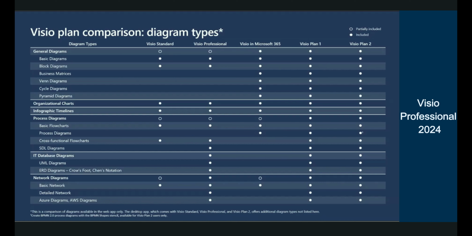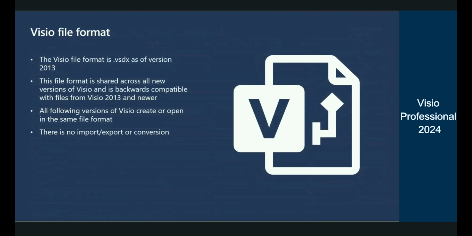So whether you work with Plan 2, or Visio Standard 2013, you always are able to exchange files just like that between all the users. There is never an import-export or anything necessary. All these Visio versions use the same file format and the same file.